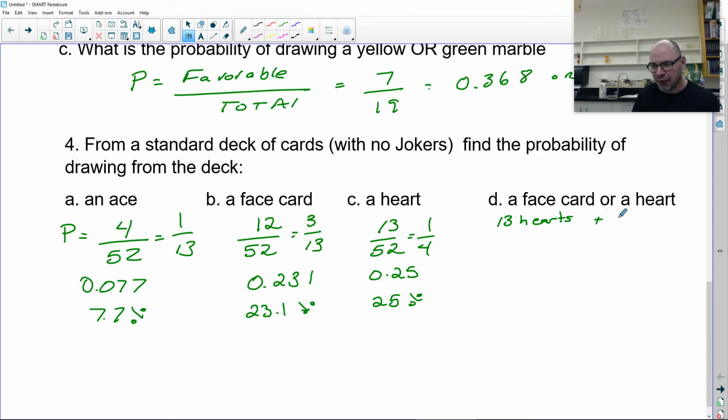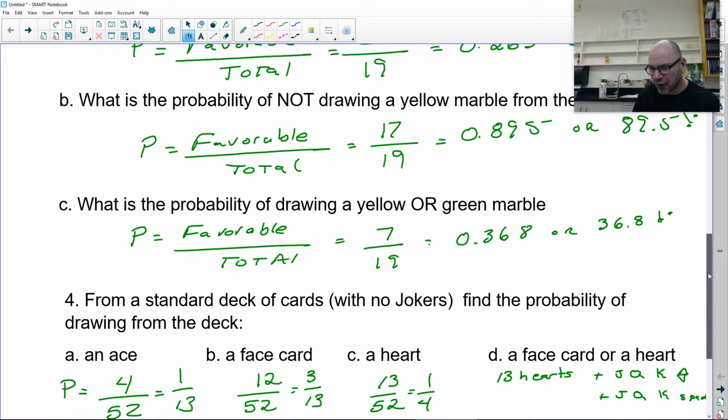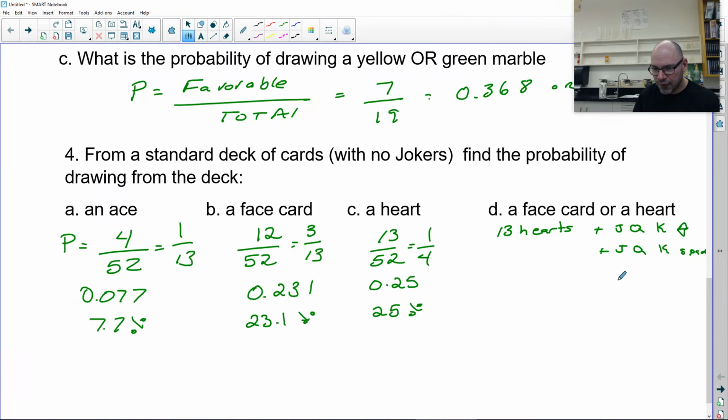Plus, we've got the Jack, Queen, and King of diamonds. Okay, and plus the Jack, Queen, and King of spades. Oh, oops, run out of space on the side. And plus the Jack, Queen, and King of clubs.